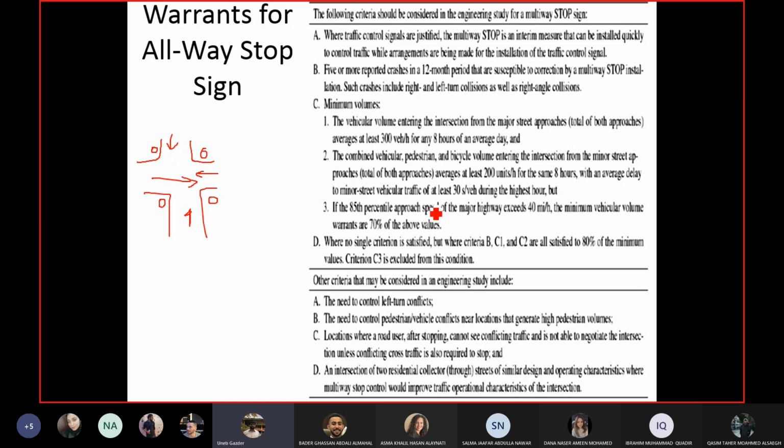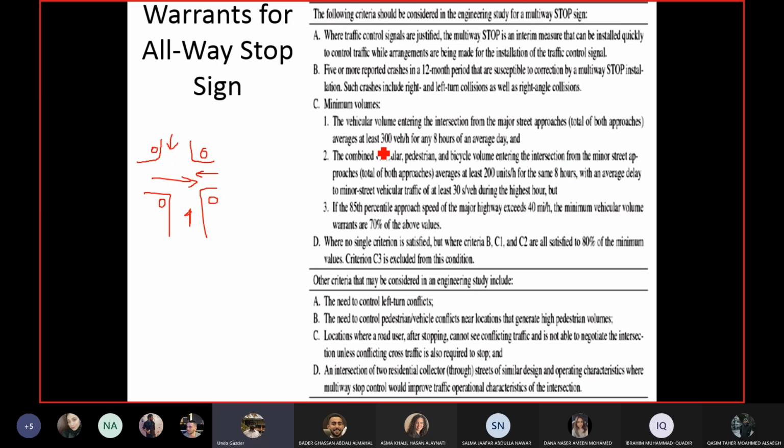The relaxation is based on the 85th percentile speed of the major road. If the 85th percentile approach speed of the major road exceeds 40 miles per hour, then you have a 70% relaxation in these values.